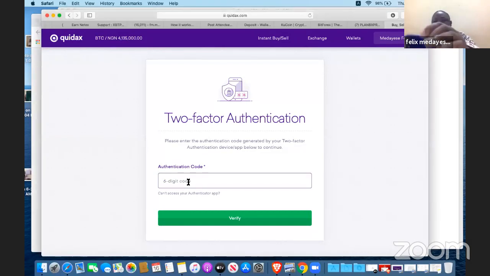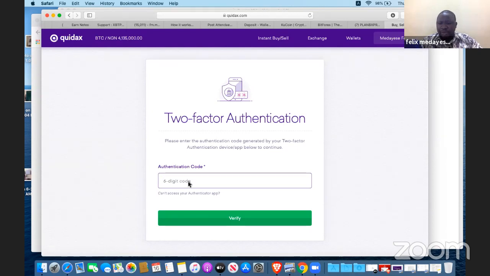It's asking me for my Google Authenticator. I've told you everything you do. Try as much as possible to use your Google Authenticator, but ensure you always have your recovery backup, so that in trying to secure your account you don't push yourself out of your account. It can be very funny sometimes, so be very careful. So I'm going to log in now, looking for Google Authenticator.